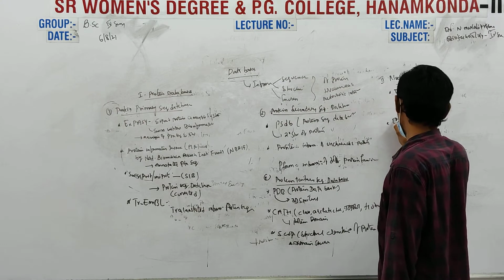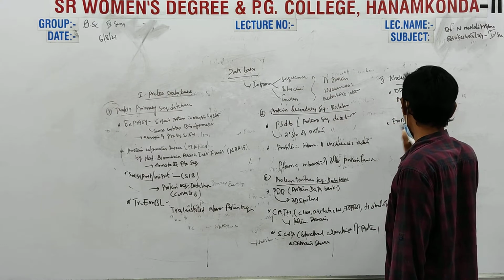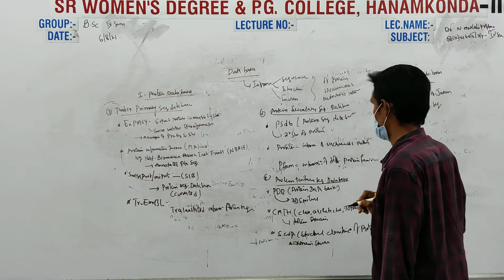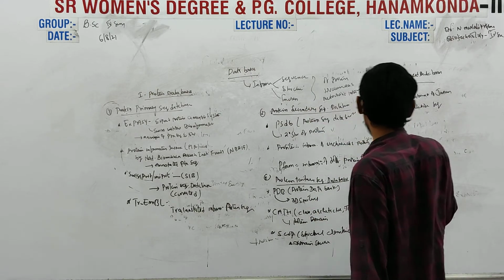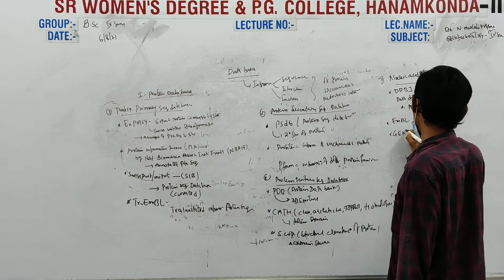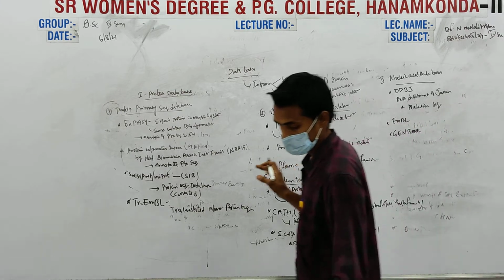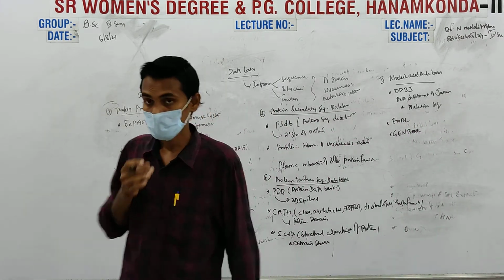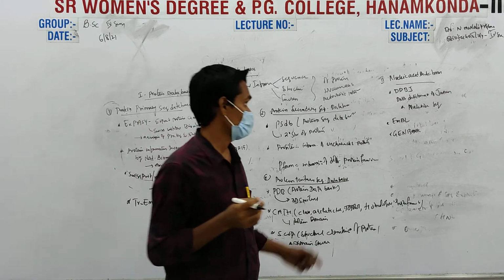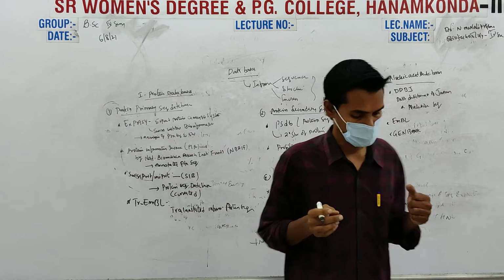Next, EMBL. Next one is GenBank. So all these databases are concerned with the sequence of nucleotides, that is nothing but nucleic acid databases.